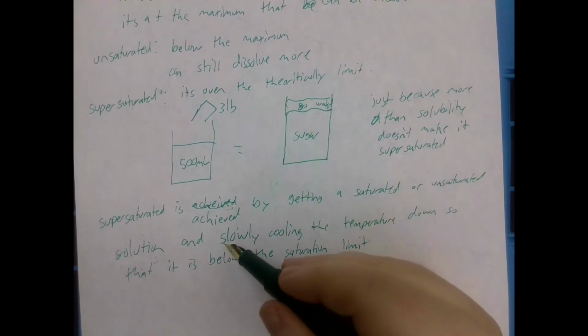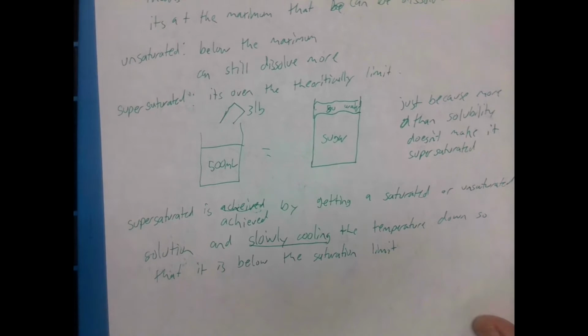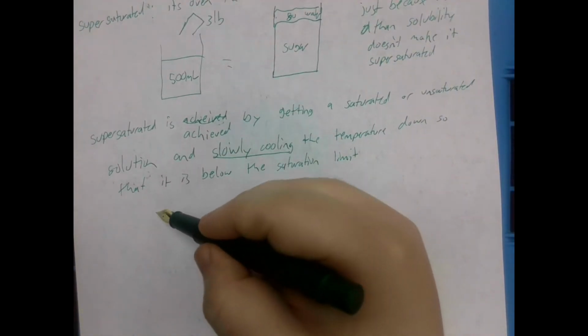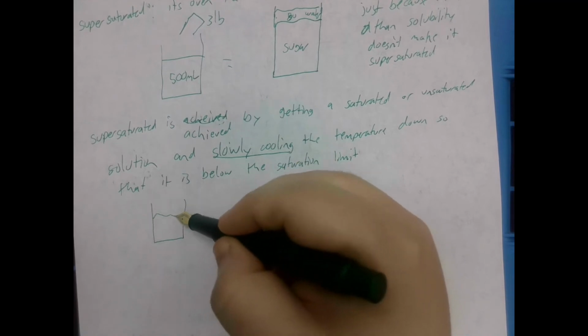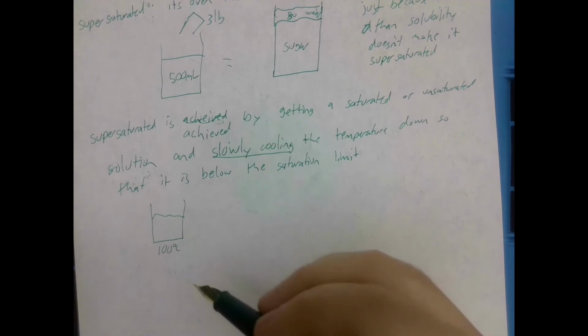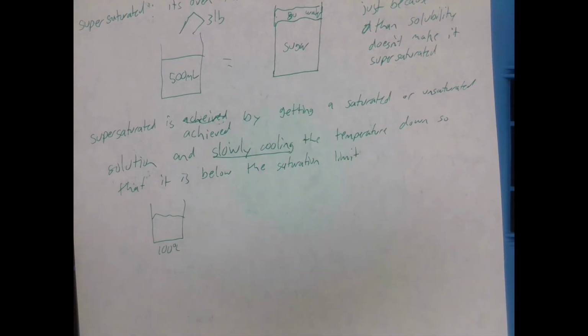The key word here is slowly cooling. So what would happen if I take some boiling hot water and saturate it with sugar and then put it in the freezer?